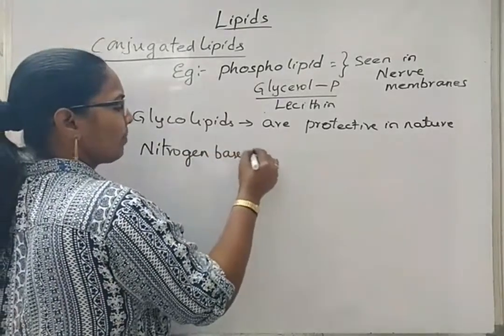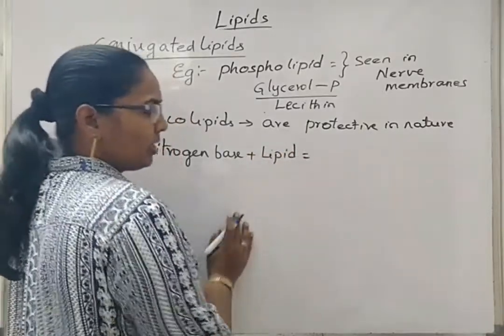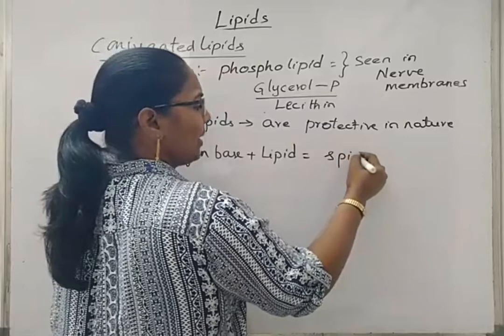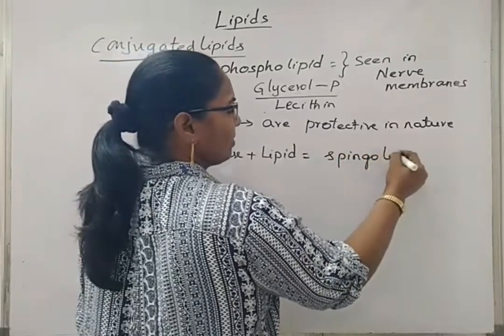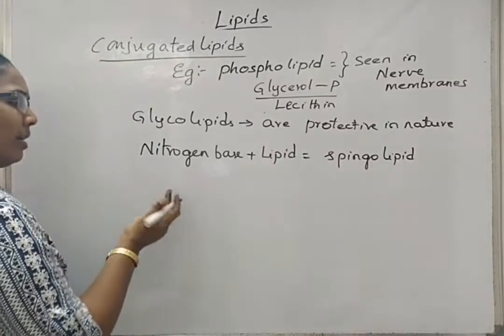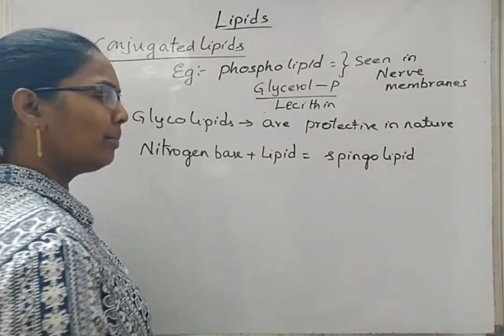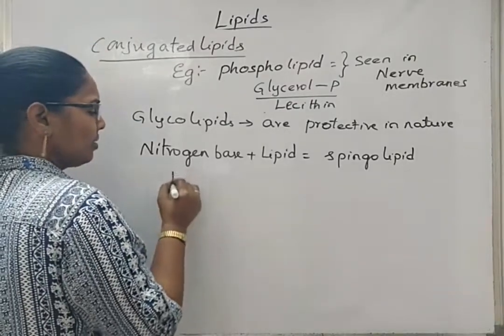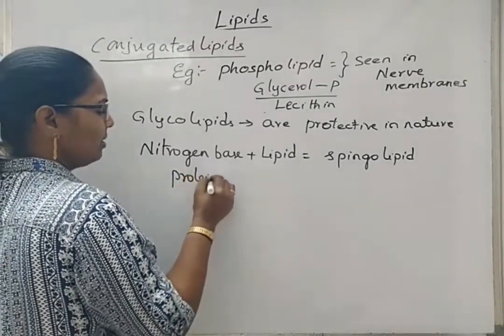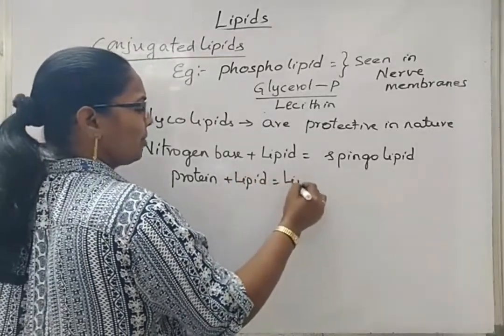Nitrogen base plus lipid, then the name changes to sphingolipid. And when lipids are bound with proteins, obviously the term will be lipoproteins. So, protein plus a lipid: lipoproteins.